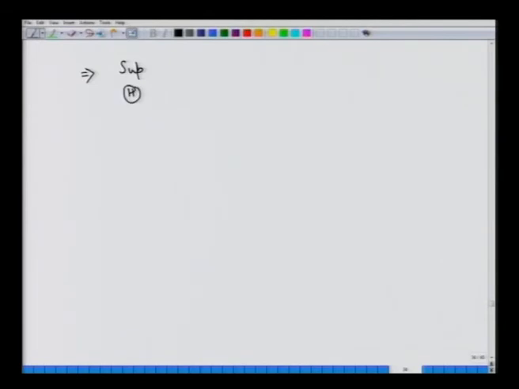Now, what is the entire parameter space? Just to recall, the script theta is the set of all mu and sigma, wherein mu belongs to R to the power p and sigma is positive definite. So, that is my script theta.